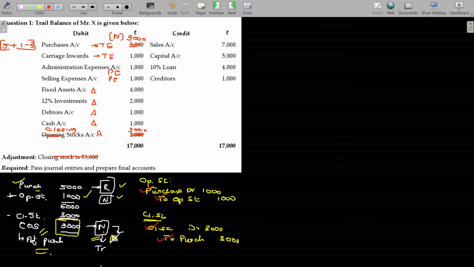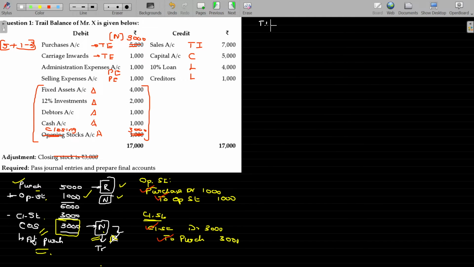Closing stock: asset only. Closing stock given in the debit side of the trial balance is always an asset. Right? So hope this will be an asset item. And sales, trading income. Capital, loan, liability. Creditors, liability. Now we can pass the entry.